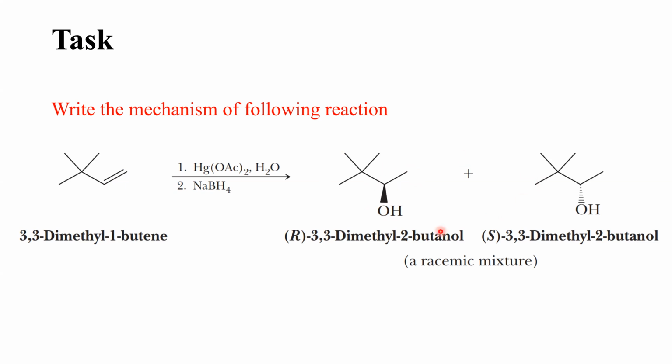Another simple thing you can do is that you don't need to write this in both forms if you are not asked to mention the stereochemistry. You can just write the bond and say that this is the alcohol, but mention that this is a racemic mixture. You should keep in mind, if someone asks you to go through the mechanism, that we will get two kinds of product.